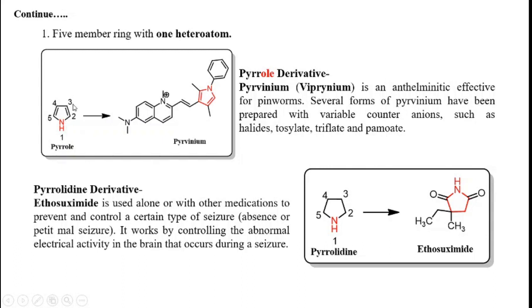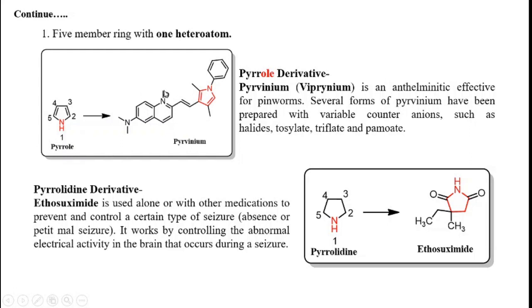The example of a pyrrole derivative is pyrvinium. This red mark shows the basic ring containing the different substitutions here. These substitutions are very essential for the pharmacological or biological action, and in general chemistry a substitution is called a functional group. This is the phenyl functional group, this is the methyl functional group, this is the methyl functional group, and this is another functional group.